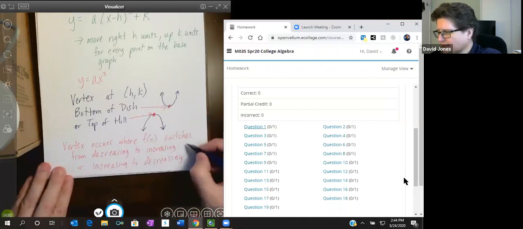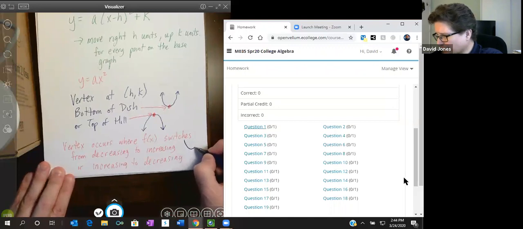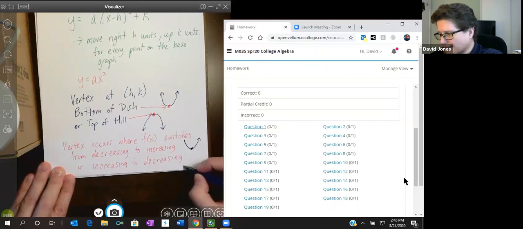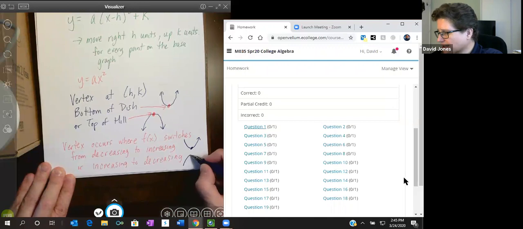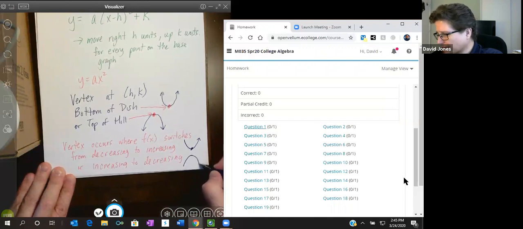Decreasing to increasing means the value is going down, down, down, down, down, and all of a sudden it starts going back up, and the vertex is right there. Increasing, it's going up, up, up, up, up, up, up, and all of a sudden it stops and it starts going back down.